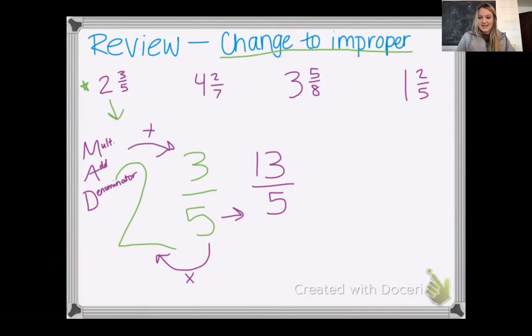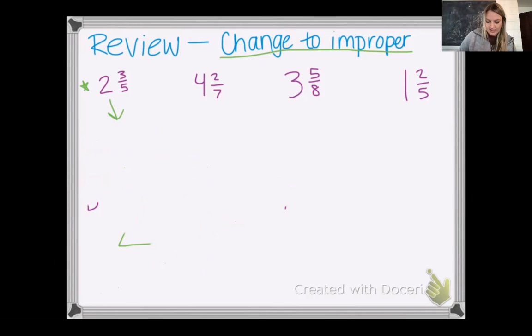What I was saying is you have to make your fractions mad. You multiply, add, keep the denominator. So let's look at 4 2/7. In your notebook, you're going to do the same exact steps for 4 2/7.